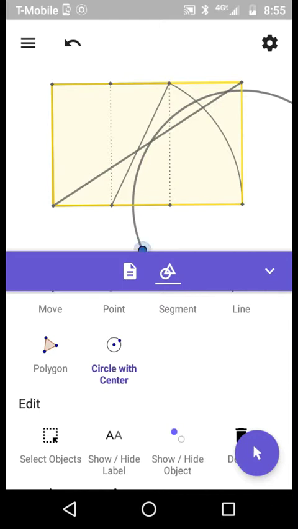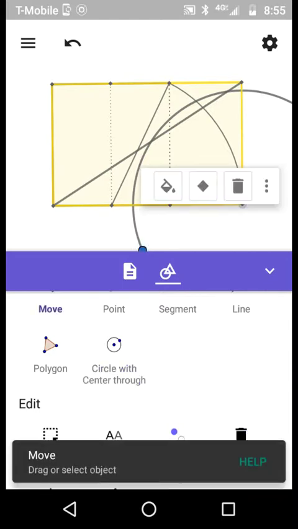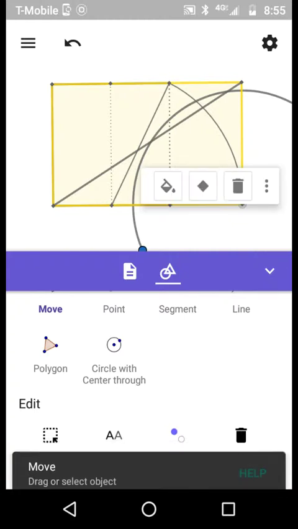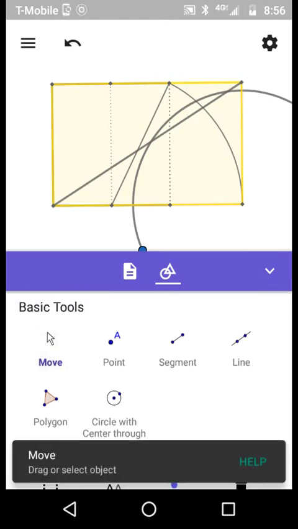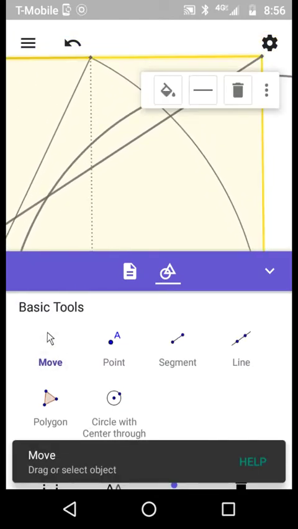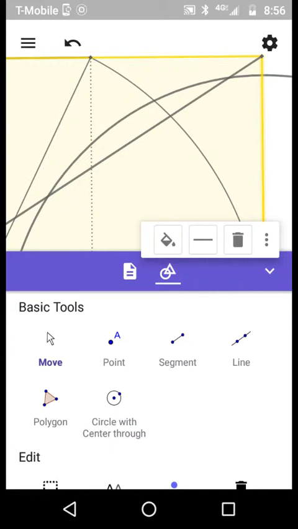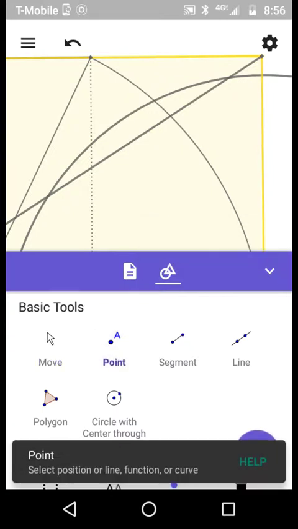All right, so there's a circle drawn from that corner point, centered on that corner point. Now this circle intersects this diagonal line at 2 points, and let's go ahead and mark those. So I'm going to zoom in here, look a little bit closer, and put a point there and a point there.